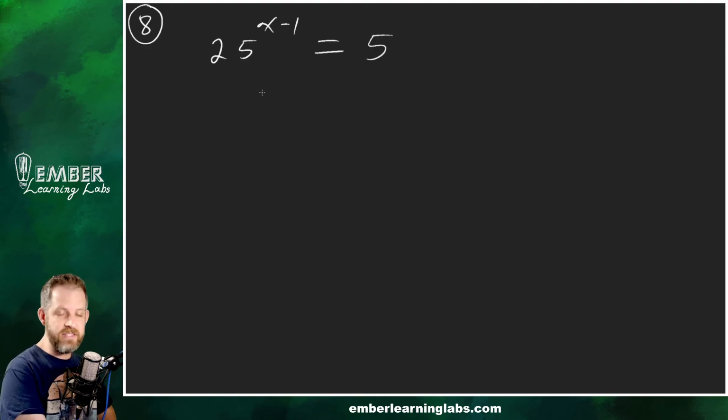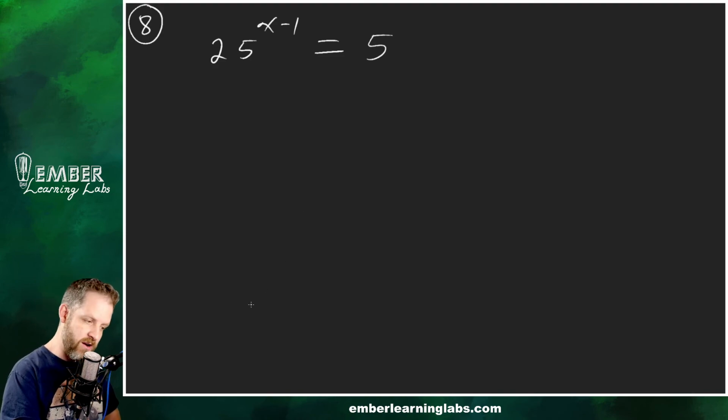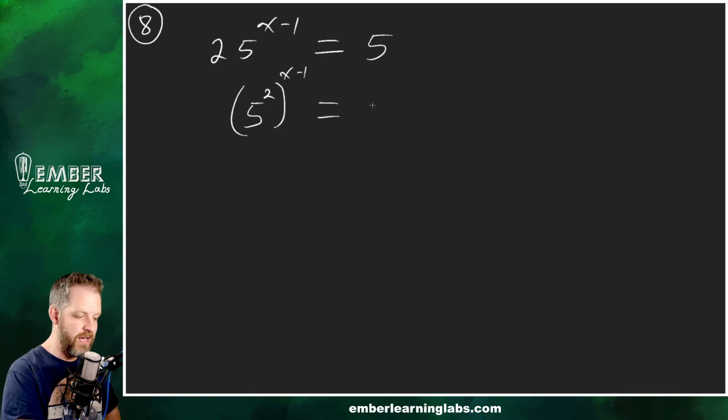So we need these bases to be the same. So we need to turn this 25 into 5. Well, 5 squared, excuse me, is 25, right? So we end up with 5 squared to the x minus 1 equals 5.